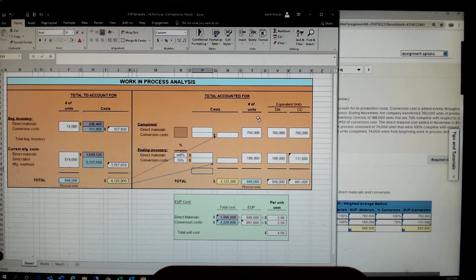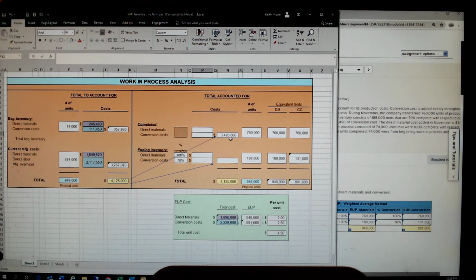Now, we want to know what the 760,000 completed units actually cost. Well, each whole unit cost $4.50. So they cost $3,420,000.